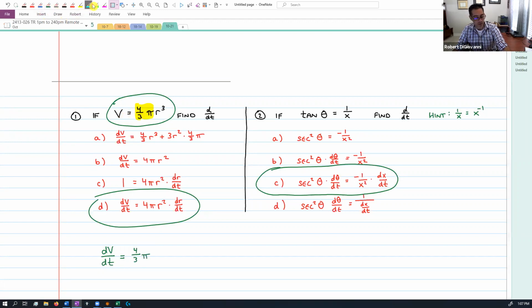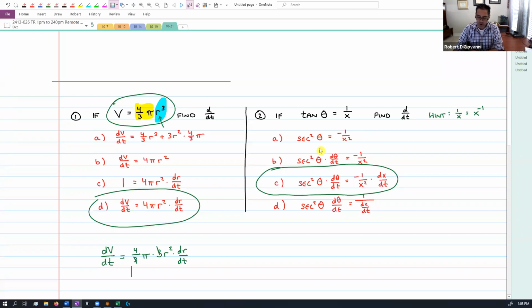And then all I really have to worry about is differentiating r cubed with respect to t. So that's a chain rule. I have to do the r cubed first, so I bring out 3 and then r squared. And then I have to take the derivative of r itself, which would be dr/dt. And the 3's cancel. So you get 4 pi r squared dr/dt, which equals dv/dt.